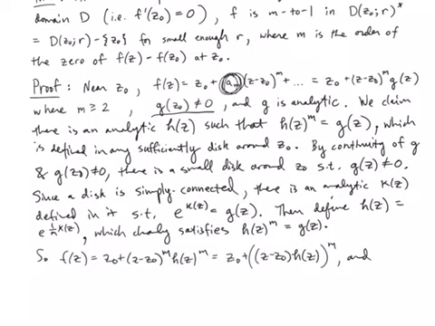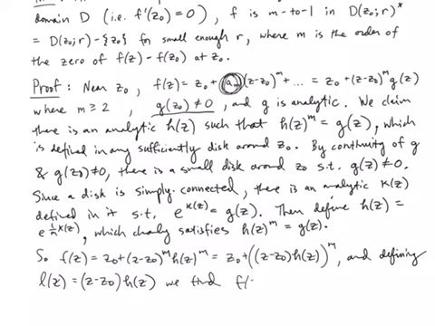And now defining L of z to be z minus z naught times h of z, we find that f of z is z naught plus L of z to the m.